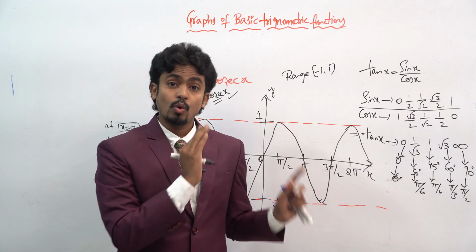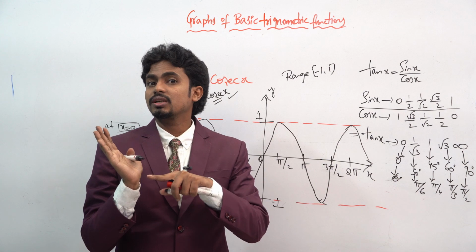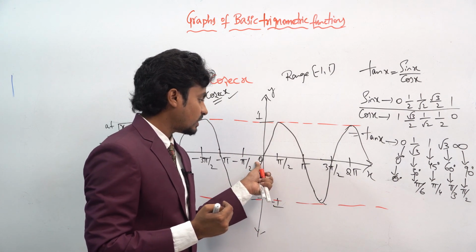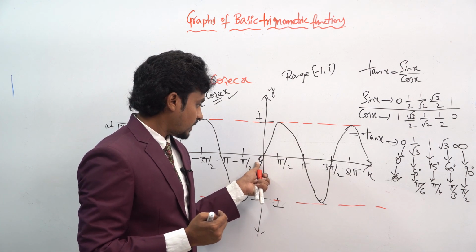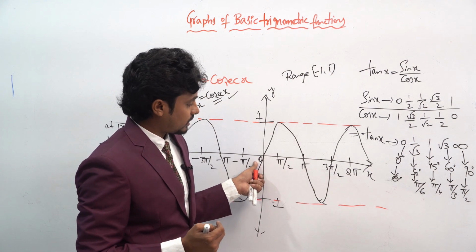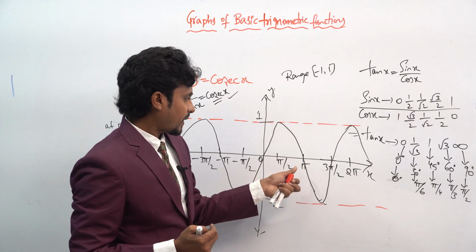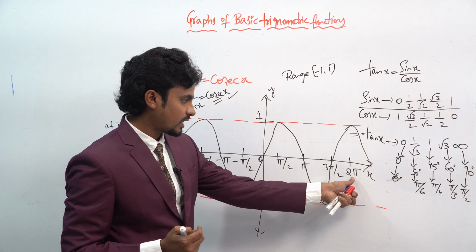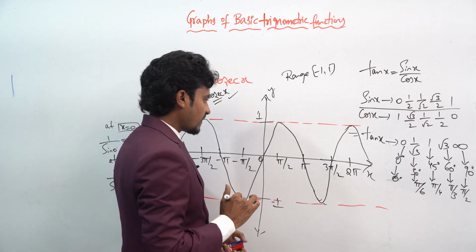That means whether it is an even function or an odd function, that will be even, right? So where you will get infinite means at 0 you will get infinite. Next, where will you get infinite? At pi, and next at 2 pi, right? In this way you will get the asymptotes.